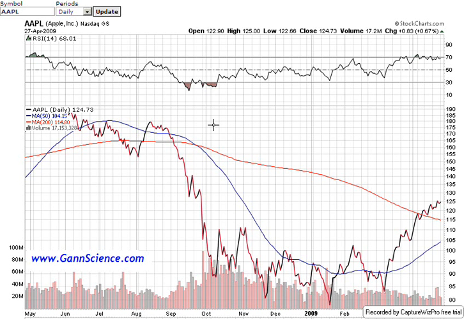Now, trying to pick tops is very difficult. However, in this situation, the top had to be at a nice round number like 200. Now, if you look at Google, it proceeded to bust through 200, 300, 400, 500, 600, all the way to 700, 747. So in that case, your stops would have never been taken out.